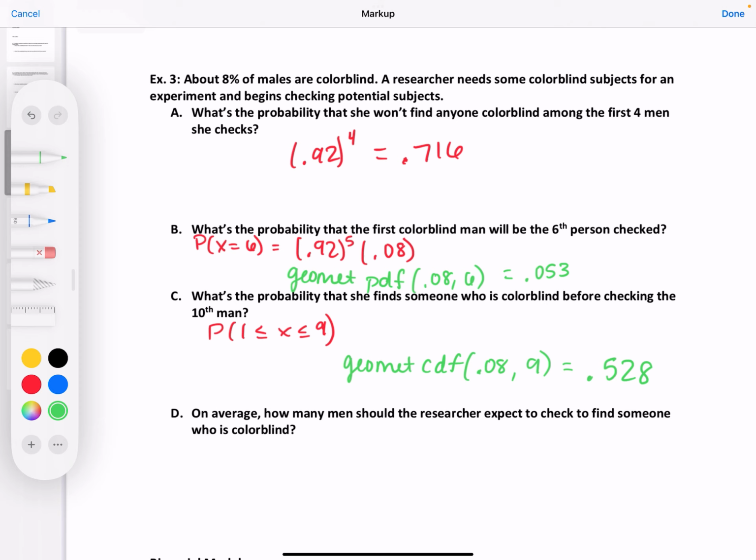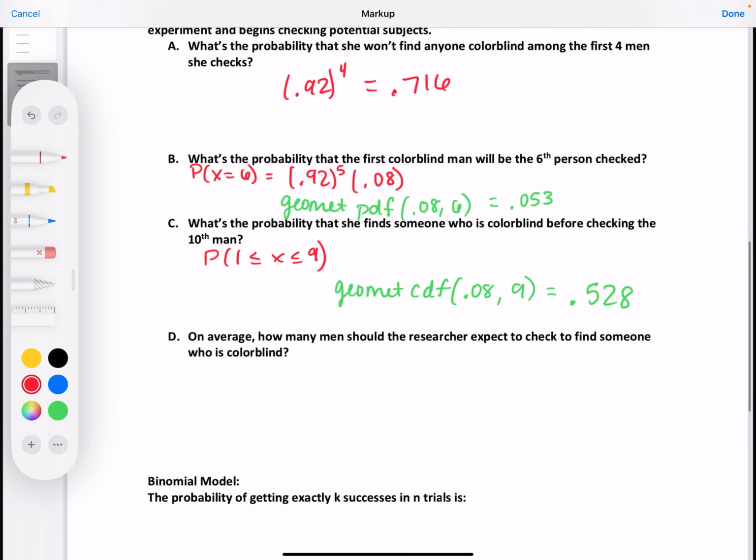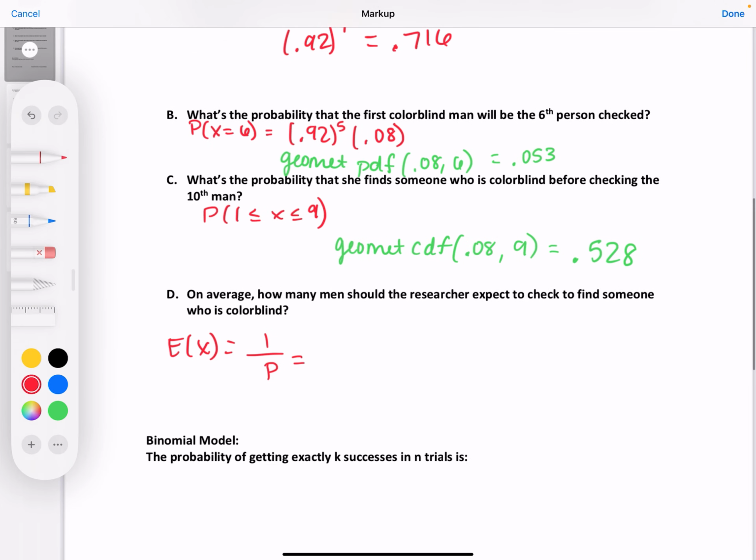All right, and then on average, how many men should the researcher expect to check to find someone who is colorblind? So this is the expected value, and the formula is 1 over P. So P is success. We said that 8% of males are colorblind, so that's 1 divided by 0.08. And that's what?